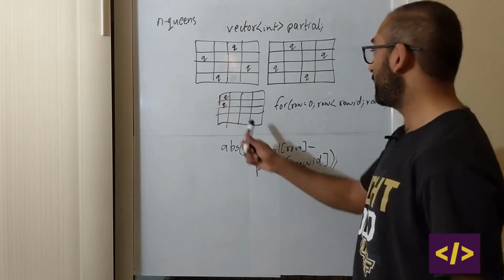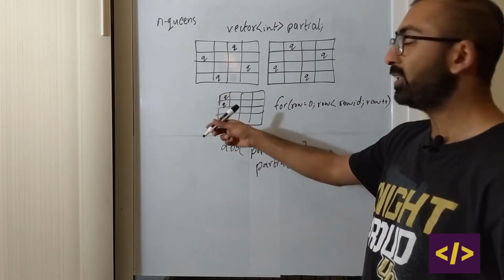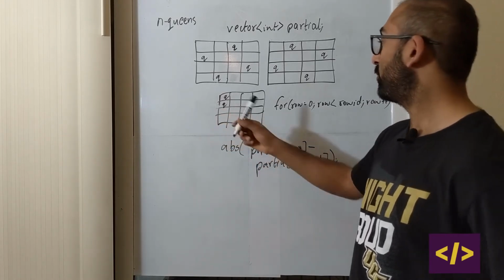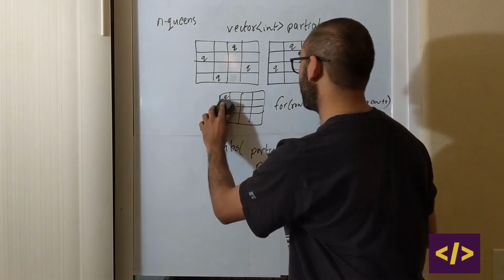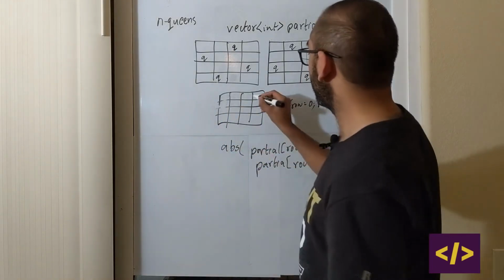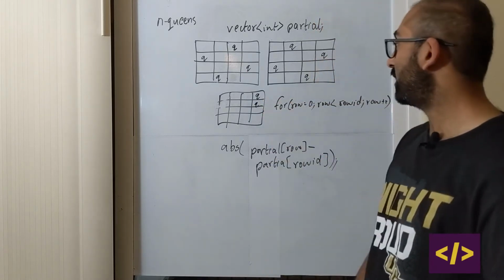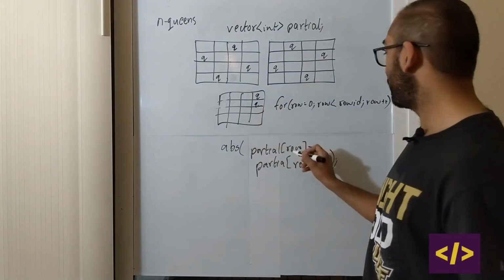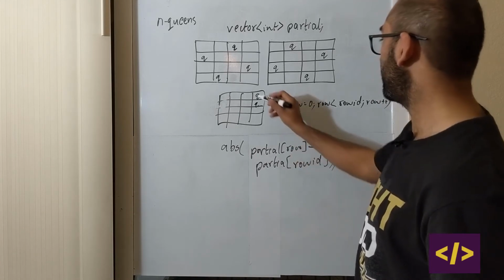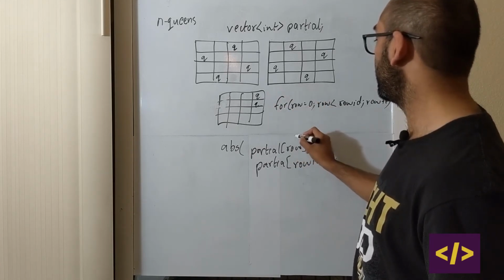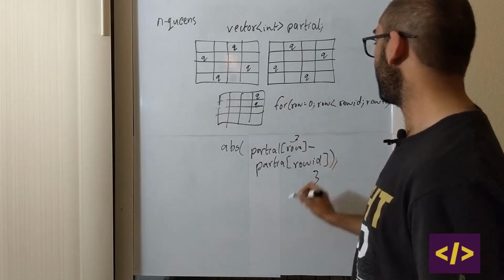Okay, now let's put the values somewhere else. Let's say that you selected Q and Q, these two places. Now, what's the column number there? So the partial of row would be 3, and here it would be 3.